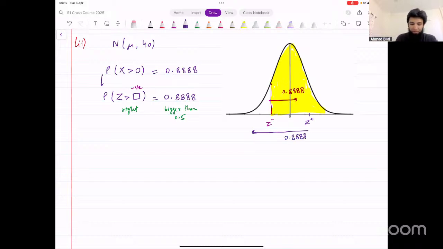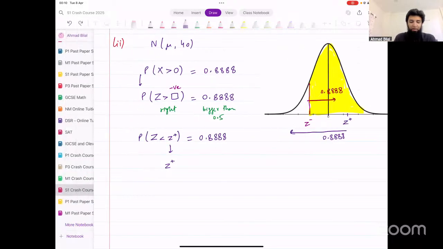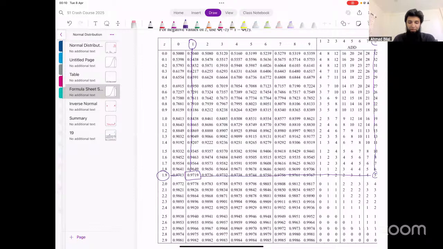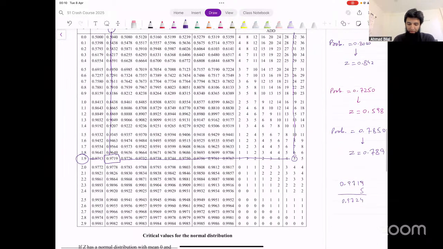So we can say Z less than the positive Z value has probability 0.8888. And now this is what you can find from the table, right? This is the standard form now, Z less than a positive number. Find the probability 0.8888 in the table and see what that turns out to be.